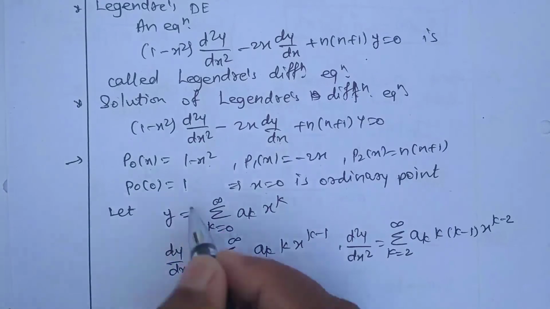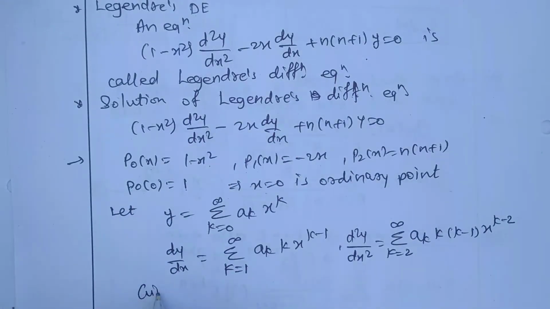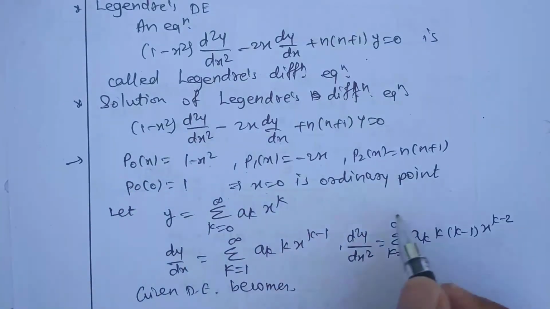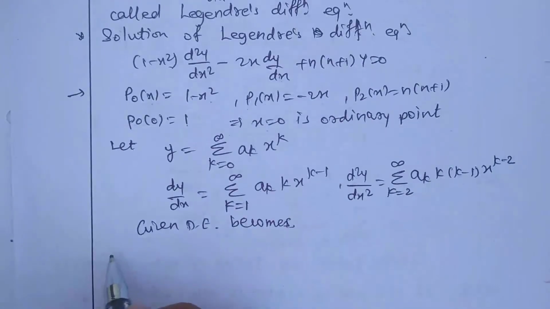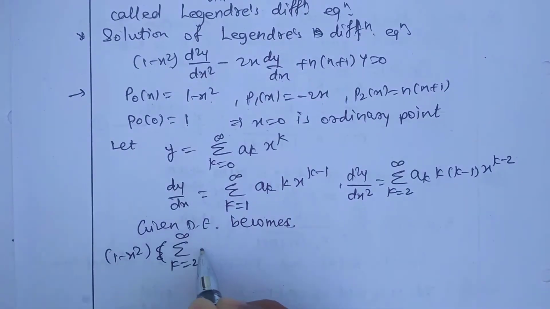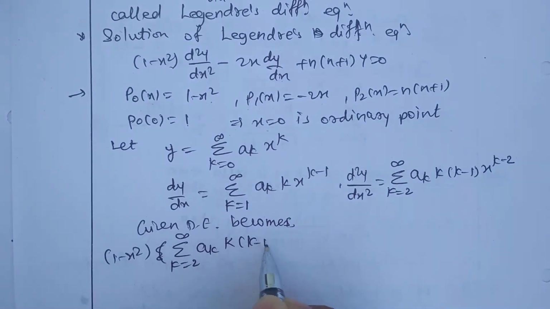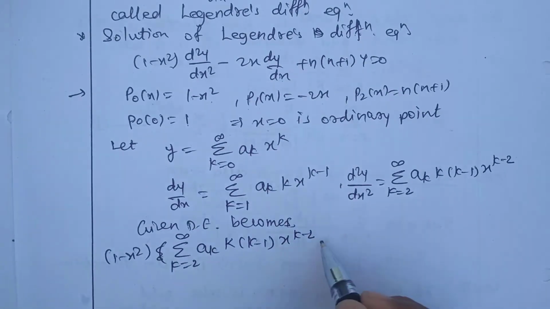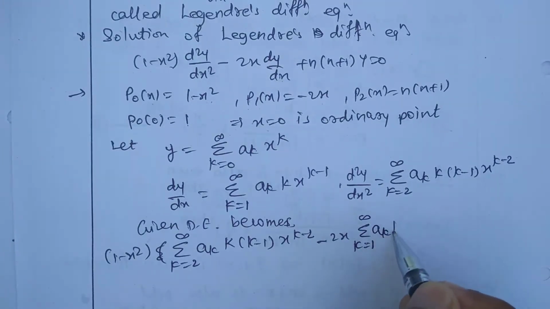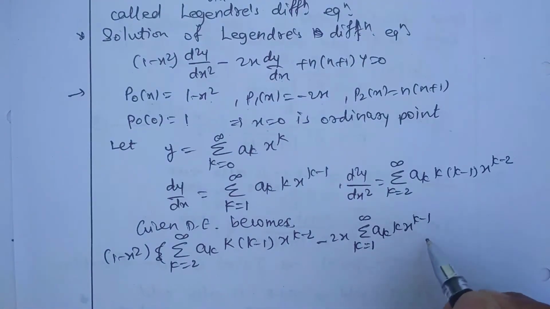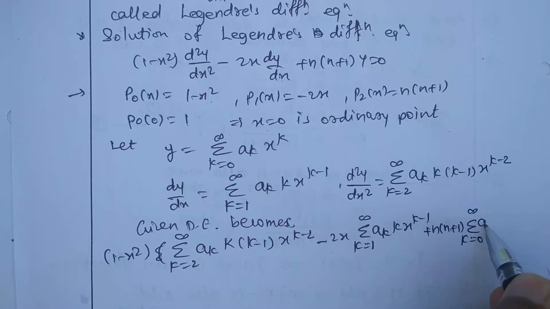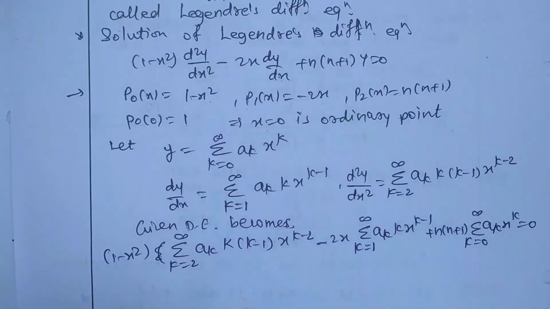Now after putting these values in the given differential equation, it becomes (1 minus x square) into summation k varies from 2 to infinity ak k (k minus 1) x to the k minus 2, minus 2x into dy by dx, which is summation k varies from 1 to infinity ak k x to the k minus 1, plus n into (n plus 1) into y, which is summation k varies from 0 to infinity ak x to the k, equals 0.